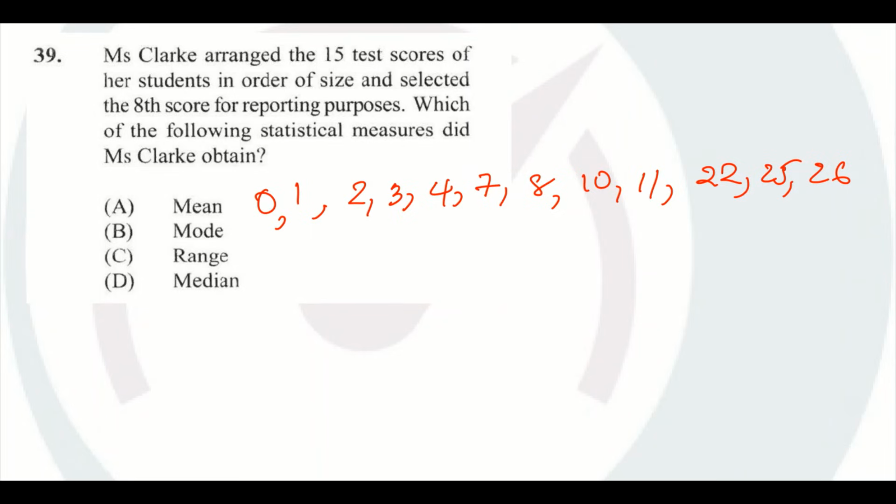Have we reached 15 numbers yet? Hold on. Alright, so here we have 15 test scores, just 15 random test scores for the demonstration, because you should know by now the 8th score is going to be the median. But just for demonstration purposes, let me count if I have 15 scores here. 1, 2, 3, 4, 5, 6, 7, 8, 9, 10, 11, 12, 13, 14, 15.